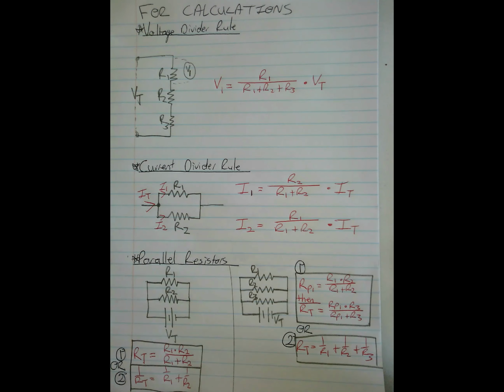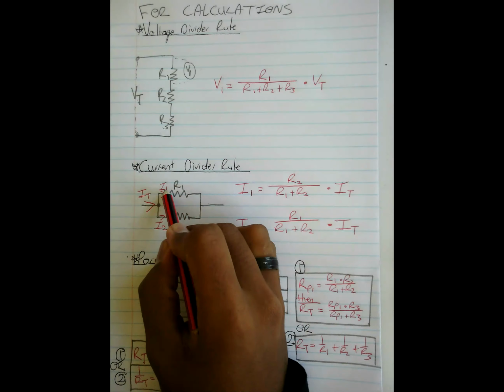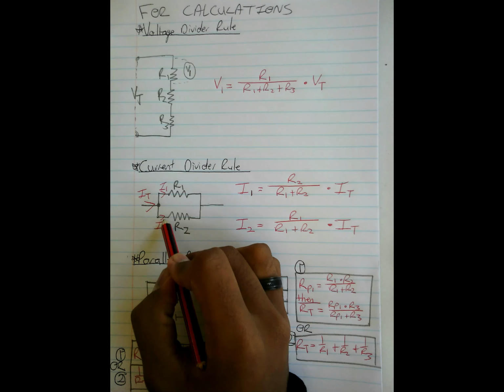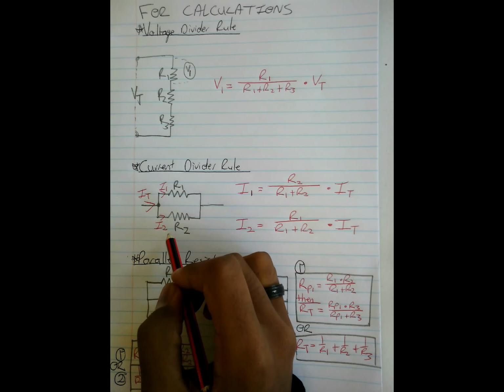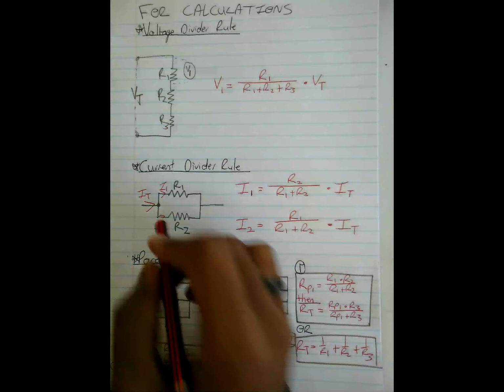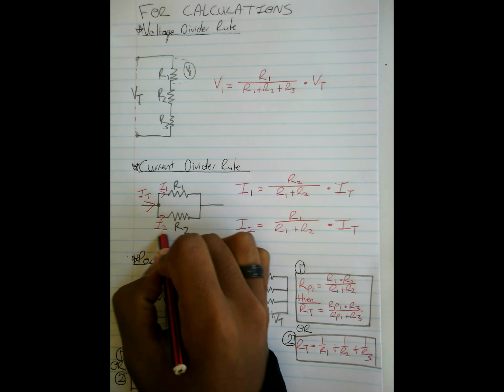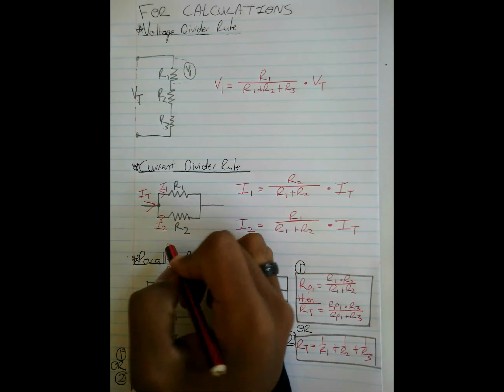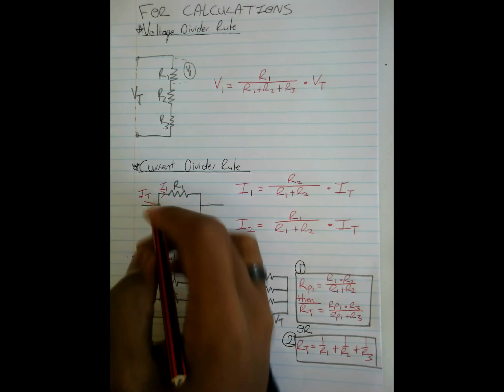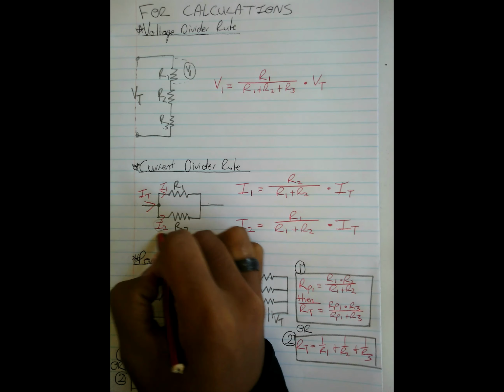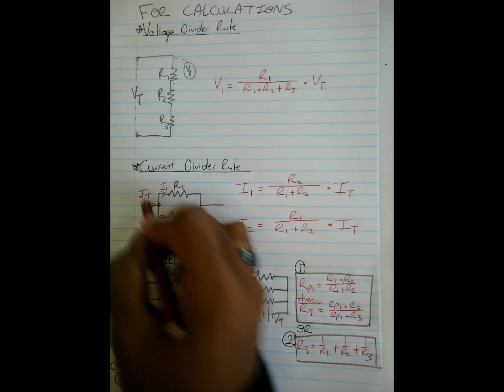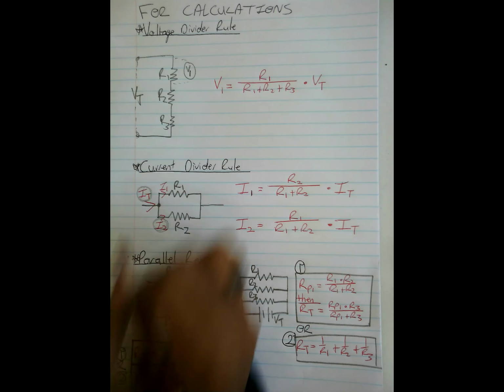So, another way to get this: let's say they ask for I1 and I2, both currents. Or let's say you were even given I2. Let's say we were given I2 and we were given I total.